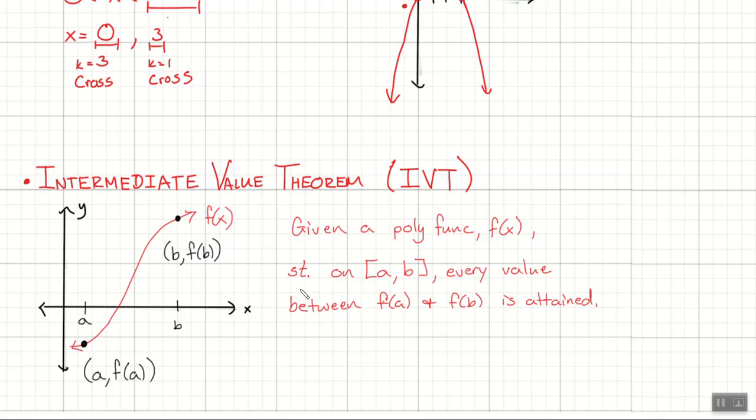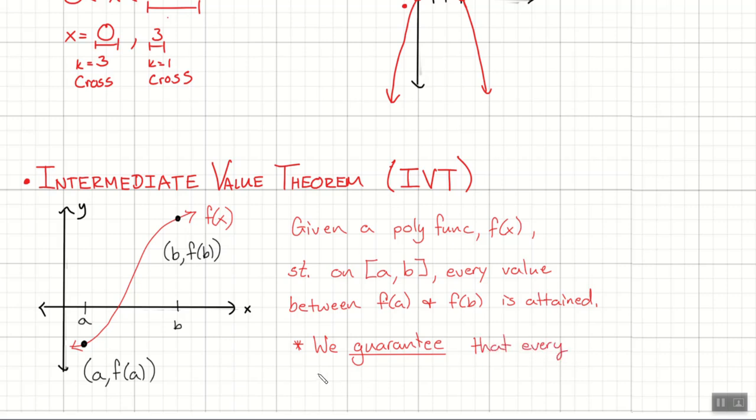Given a polynomial function such that a is on a to b, every value between f of a and f of b is attained. More so, the important part of this, and just to put into our own words, because that doesn't really look like a theorem, more than just saying, I think we hit it, we guarantee, and that is a solid guarantee, that every y value between those gets hit.